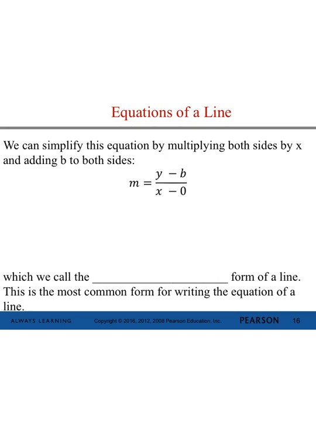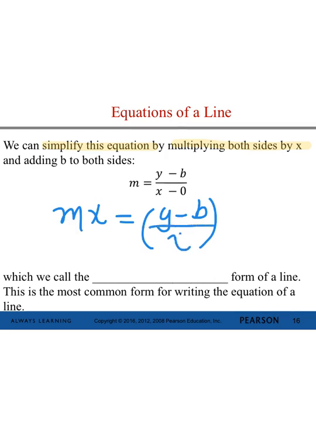What happens is we take this equation and we're going to simplify that equation by multiplying both sides by x. And then we're going to add b to both sides. So first I'm going to multiply both sides by x. And of course, x minus 0 is just x.